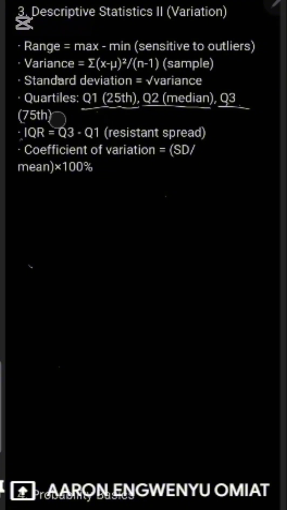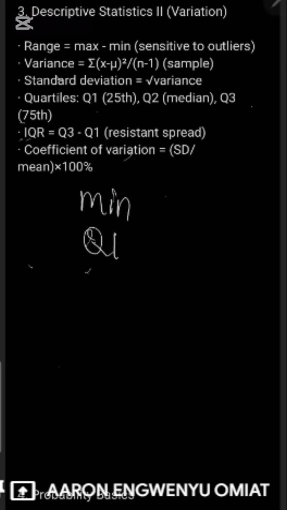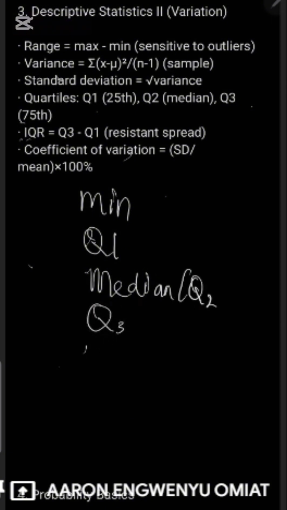This is a method of calculating range, but instead of using the highest and lowest values, we use the third quartile and first quartile. If you remember, there's a concept called the 5-number summary, where we have the minimum value, the first quartile, the median or second quartile, the third quartile, and the max value.